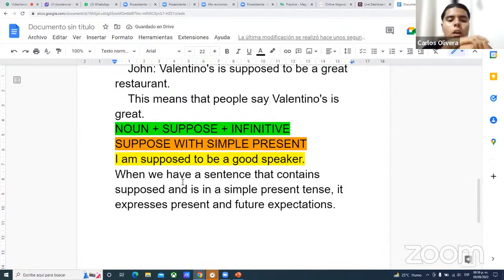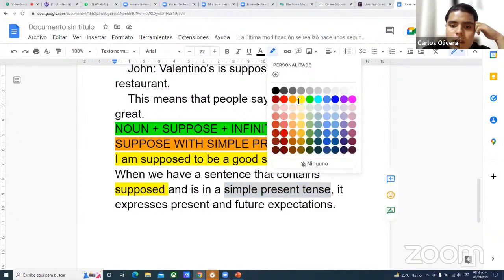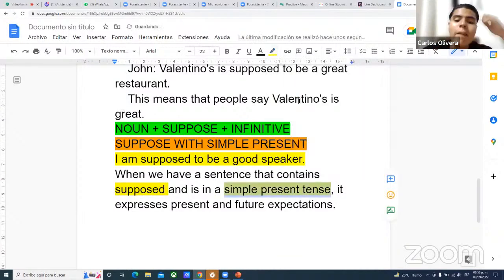Look at it. Suppose with simple present, I am supposed to be a good speaker. When we have a sentence that contains supposed and is in a simple present tense, correct? It expresses present and future expectations.